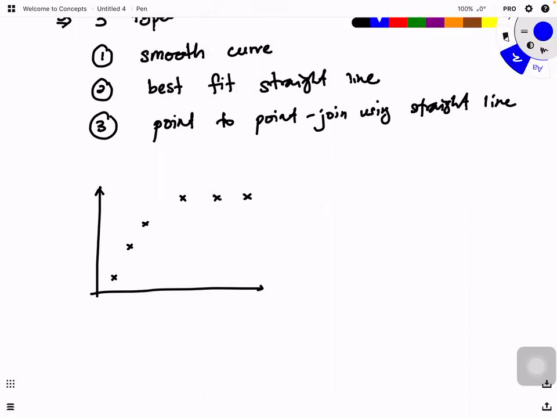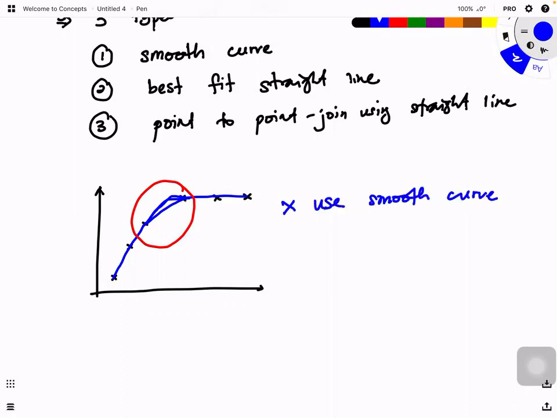When you draw the line, this part is no problem, but when I come to this part, I have a problem because I do not know where the turning point is. Some may go here, some may go there. So you do not know where the turning point is, and in this case you cannot use a smooth curve. You must know where the exact turning point is.